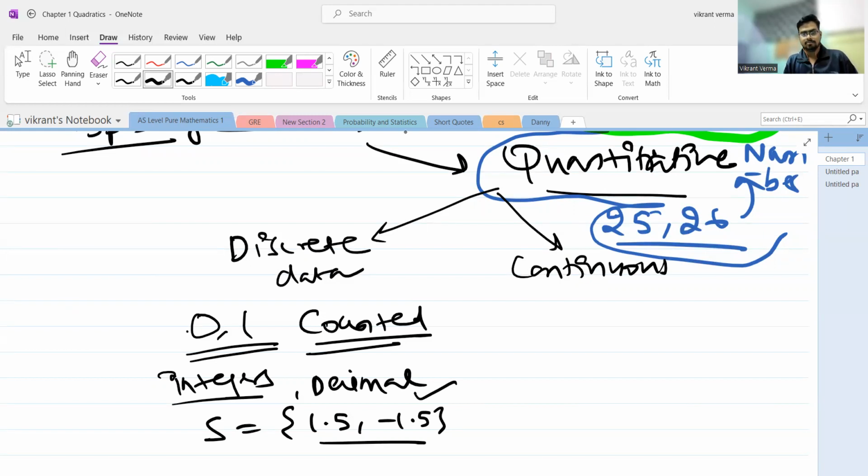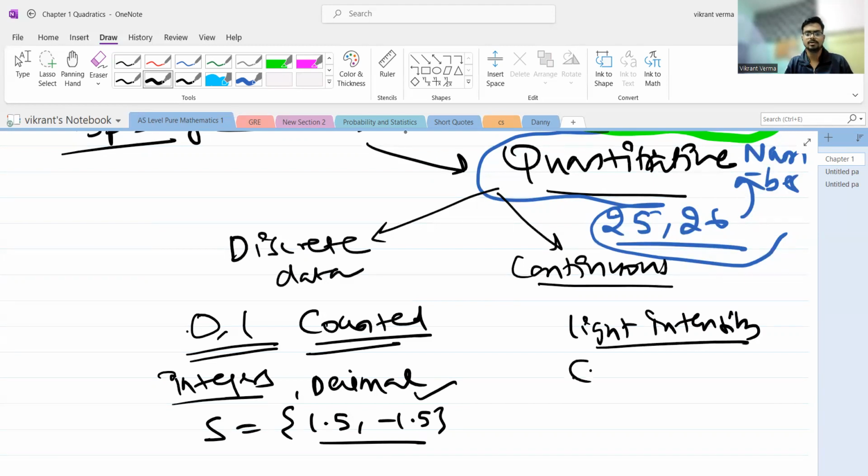But continuous, as the name suggests, takes infinite values in a range. For example, the light intensity from any electric bulb or from the sun has some range.